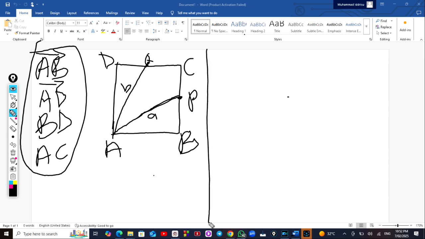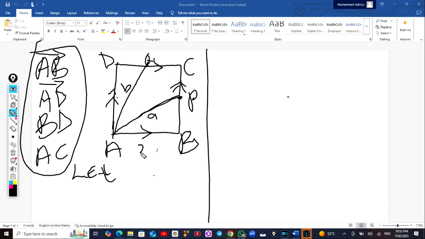Okay. So let's start. Observe the diagram well. They are vectors. So the vector AB and vector DC, the opposite sides of a square are what? Parallel. And they are equal.